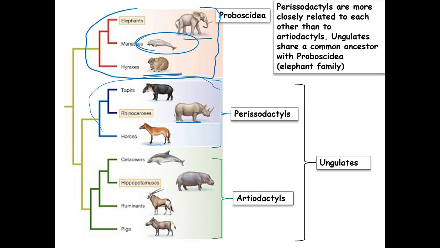Rhinoceros, tapirs, horses, and the artiodactyls are hippopotamus, the ruminants, which are cows, elk, deer, kind of like all the antelope, things like that, and pigs. Also, one thing that's a little bit strange is that whales actually evolved from the ungulate family, the whale family, dolphin family. So some people, not everybody, consider them ungulates as well.